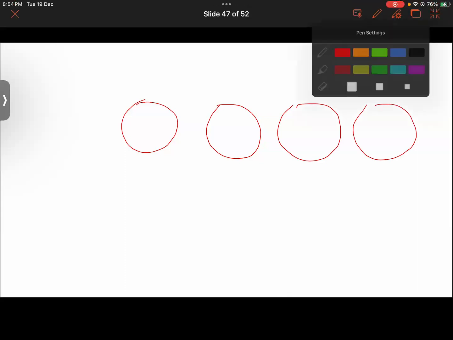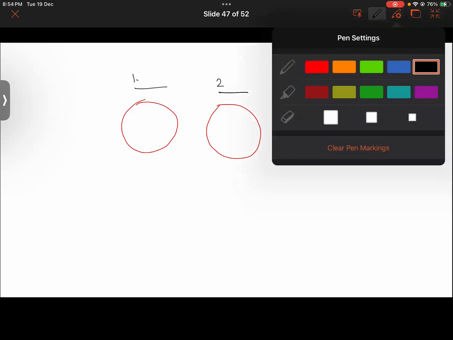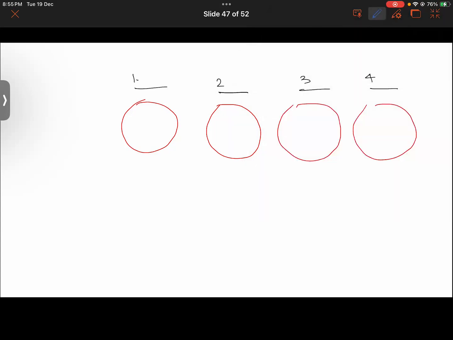Say that you have 4 blood group types here. You have to name them. 1, 2, 3, 4. You have to name 2 things here. First, you will name their blood type. Second, you will name whether they are positive or negative type. Okay, let's begin.